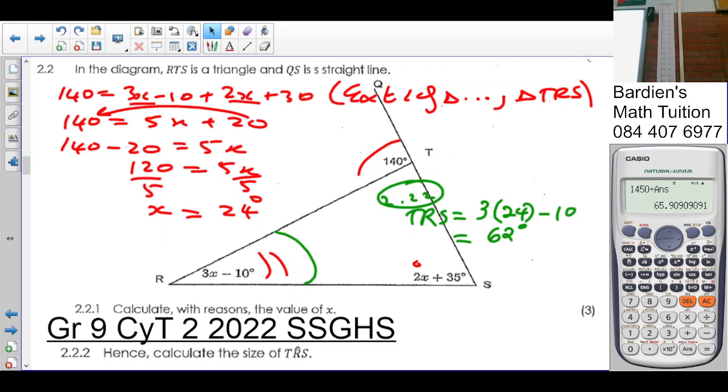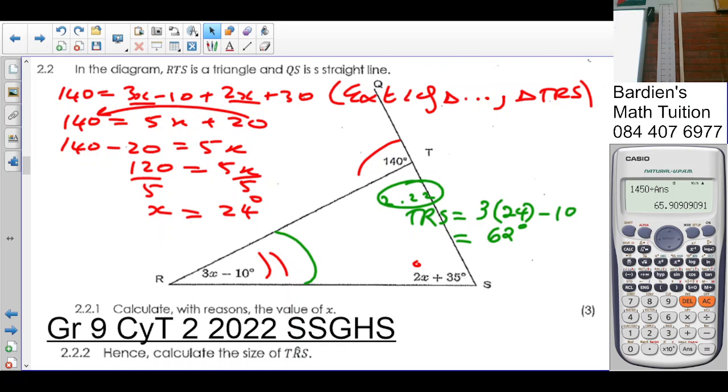Yes? Is this one wrong? Is it 35? No, I wrote 2x plus 30.